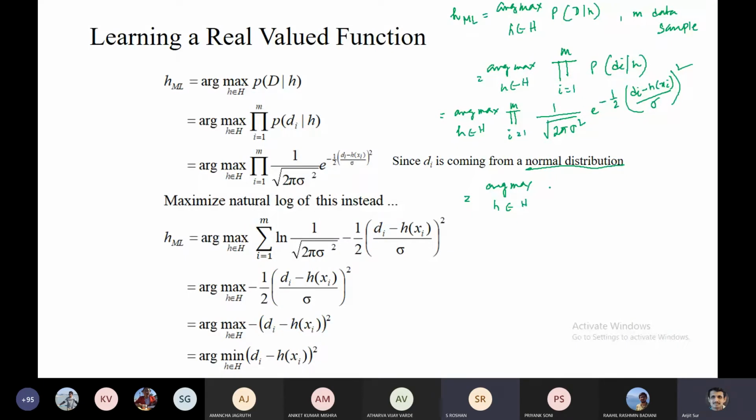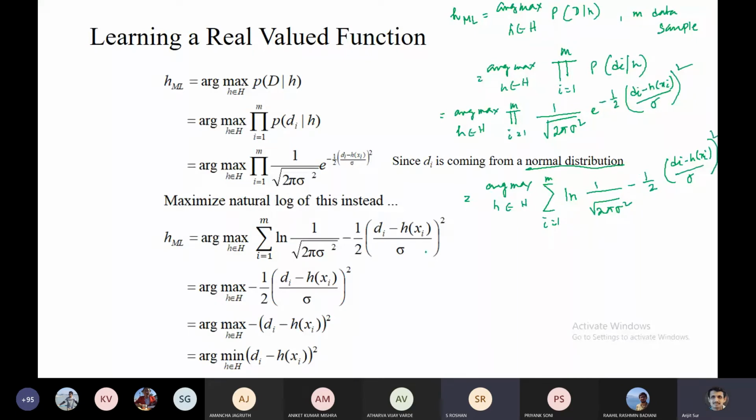So you put a summation here, i equal to 1 to m, natural logarithm of 1 by root over 2 pi sigma square, and minus half of di minus h of xi by sigma square. So this is the term.